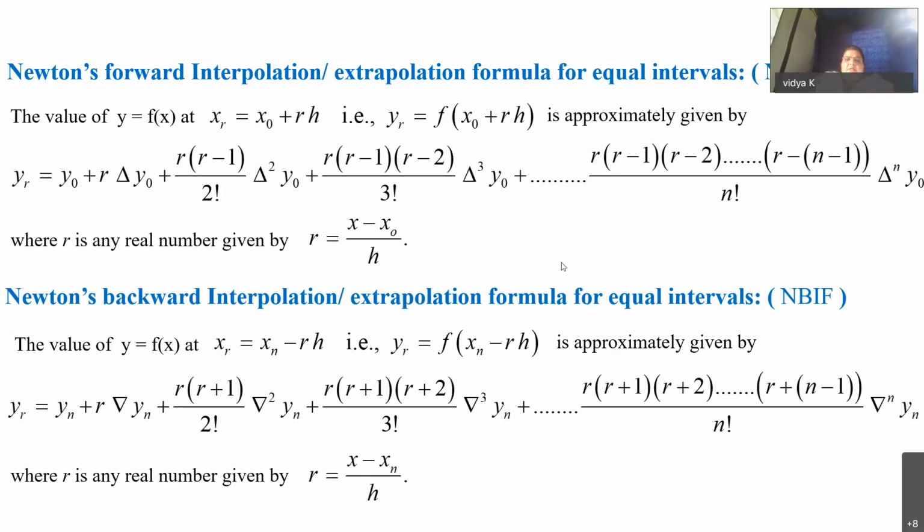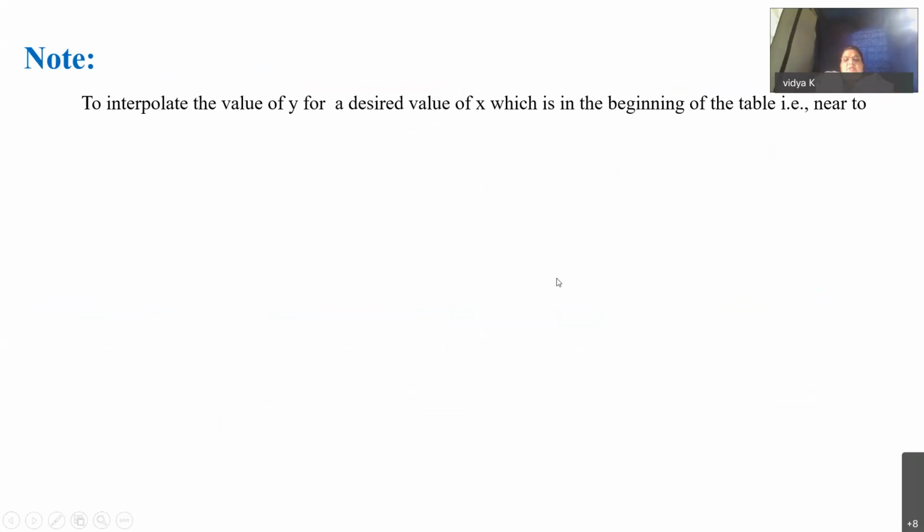Hope you are understanding. So next one, note. Since you have two formulas, you should know when to use each of them. Whenever you want to interpolate the value of y which is at the beginning of the table, near x naught, we prefer NFIF.